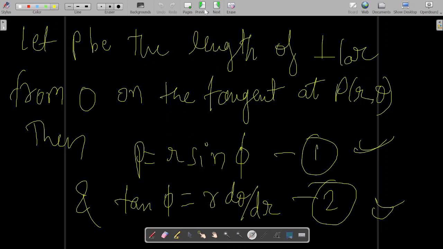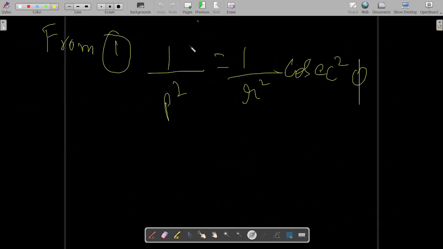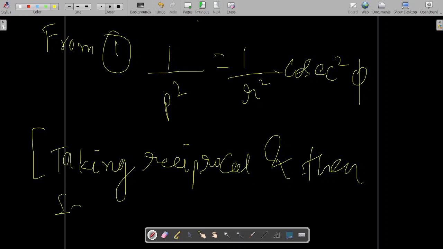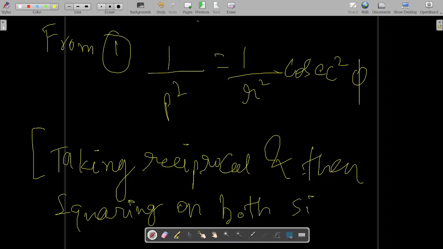You get something like this. The sine square phi will become cosec square phi. First take the reciprocal and then square. So I will write over here: taking reciprocal and then squaring on both sides.